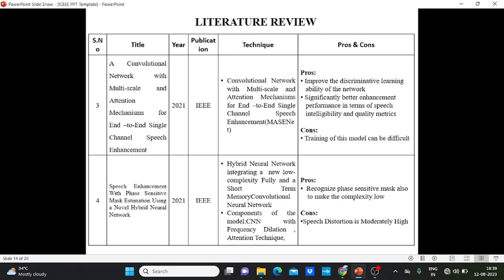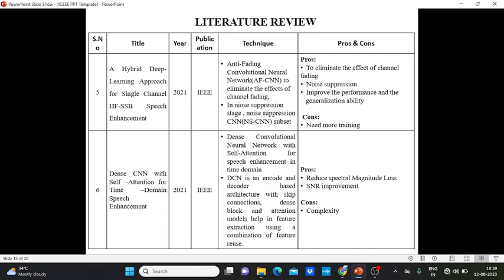Next technique is speech enhancement with phase sensitive mask estimation using a novel hybrid neural network. In this one we use a hybrid neural network technique, and the phase sensitive mask is recognized, which makes the complexity very low, but the speech distortion is moderately high.